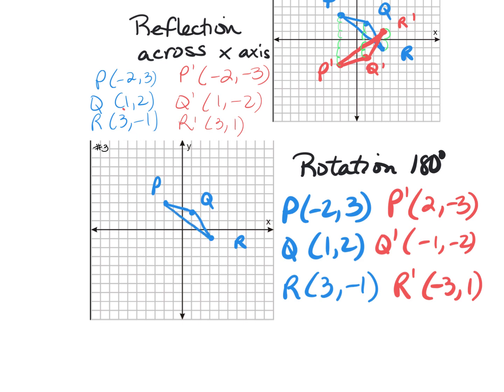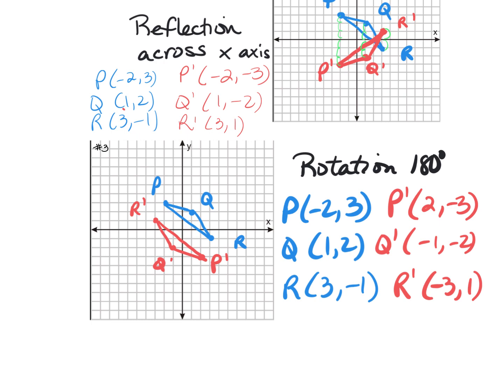And now I'll do the rotated ordered pairs. So +2, -3, that's your new P. -1, -2 is your new Q. And then your new R, -3, +1 is up here. And you can connect.